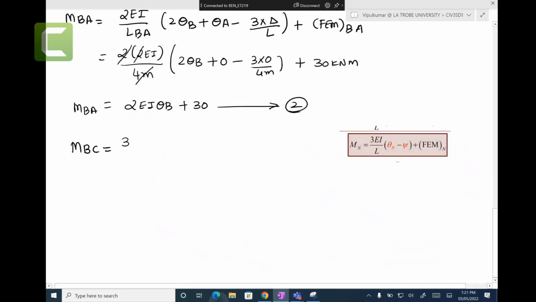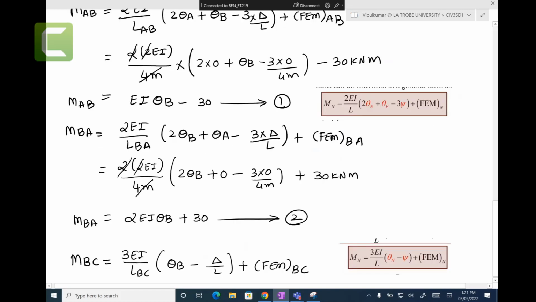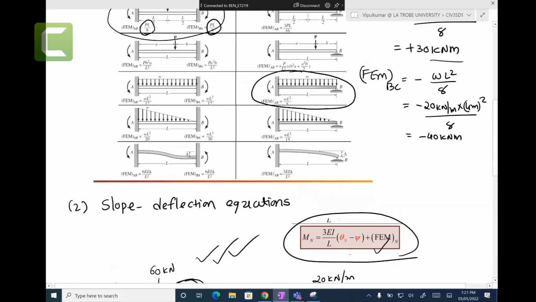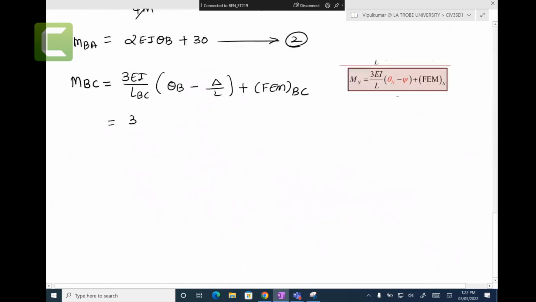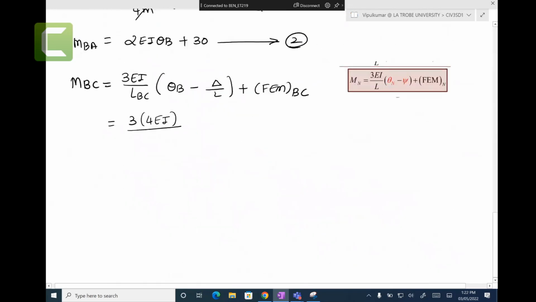So 3EI on L_BC times theta B minus delta on L, plus the fixed end moment of BC. Here 3EI is given differently; in our example, 4EI. The length of BC is 4 meters.